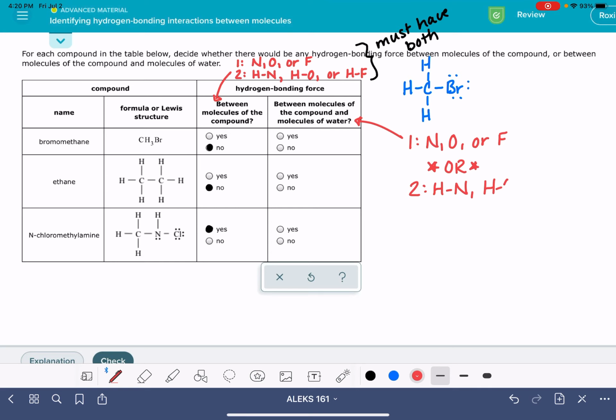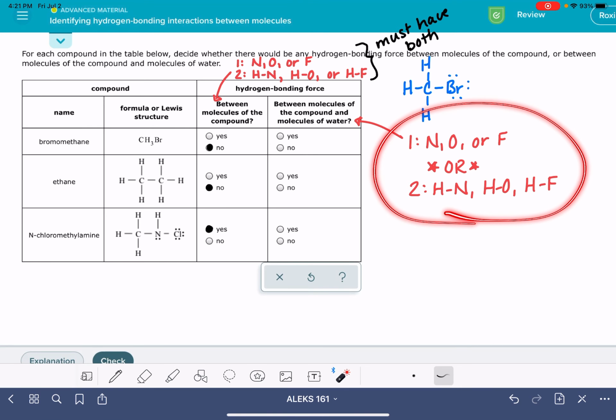And as I'm writing this out, I'm realizing that this is actually pretty redundant. We'll just say it just needs to have a nitrogen, an oxygen, or a fluorine. It doesn't necessarily need to have the correct type of hydrogen. I'm going to leave it like this, but I realize that that's kind of goofy the way I wrote it.